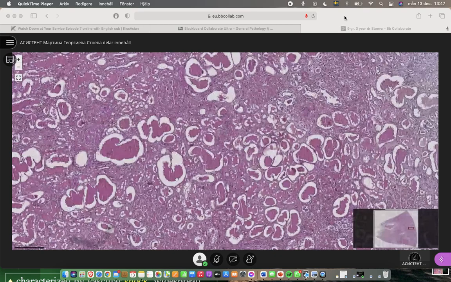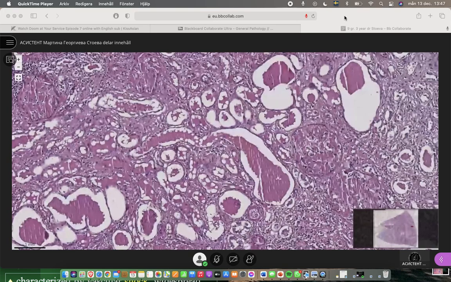This is proteinaceous material from the urine, because usually patients who are affected by kidney amyloidosis have proteinuria, because the capillaries become more leaky and some proteins from the plasma leave the capillaries into the urine, and we can detect the proteinaceous material in the tubules. But this is not the amyloid.